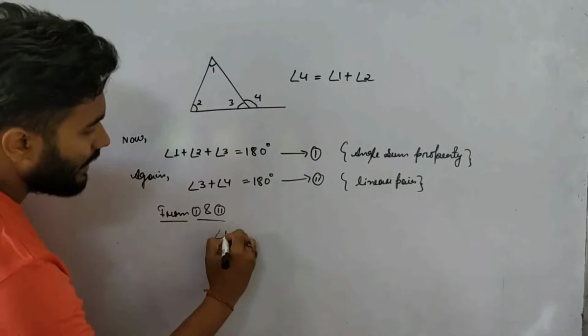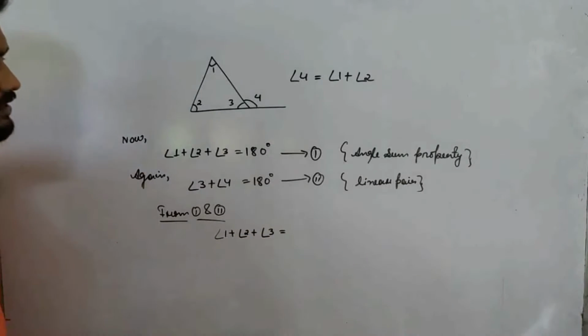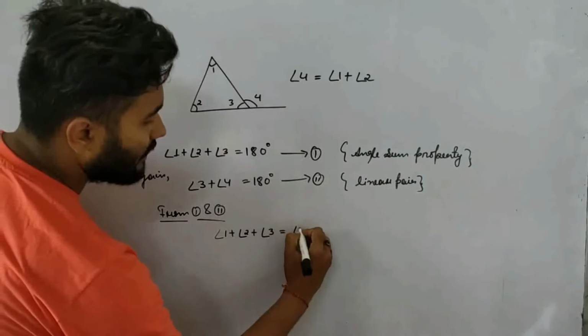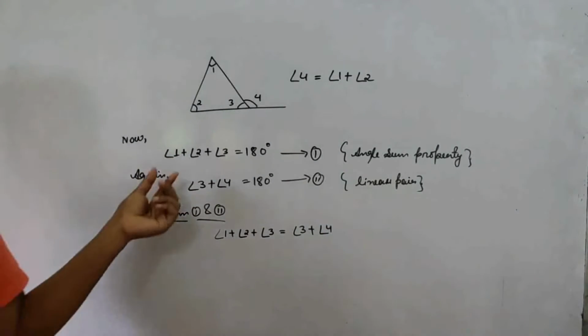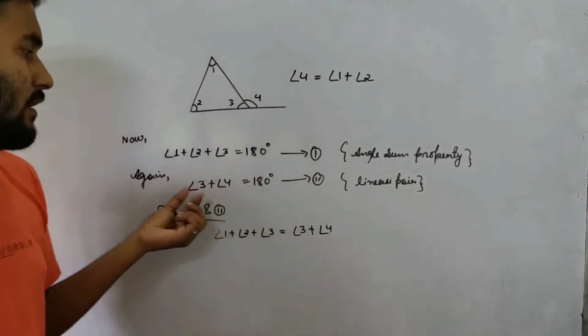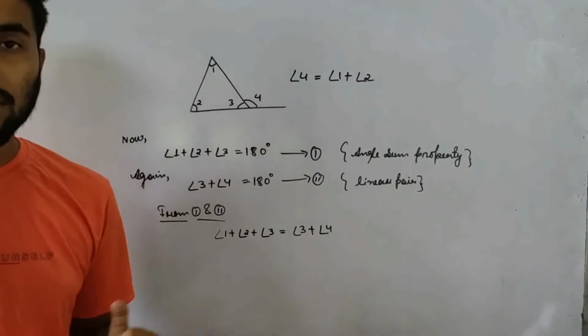So I can say angle 1 plus angle 2 plus angle 3 is exactly the same as angle 3 plus angle 4.